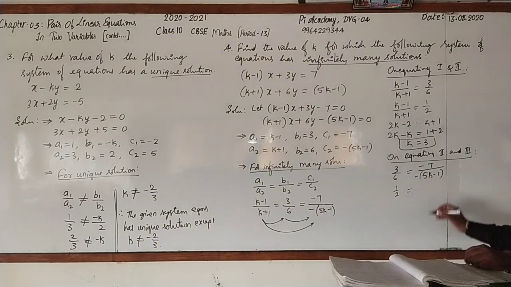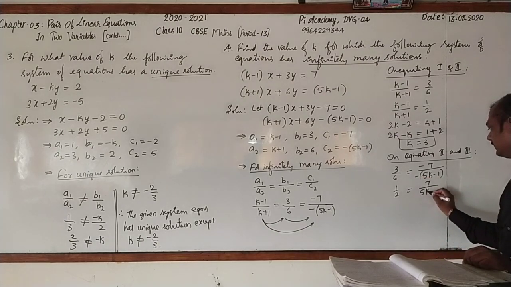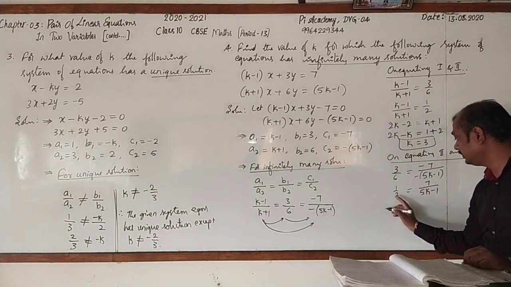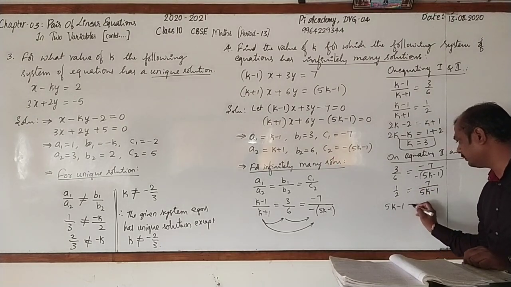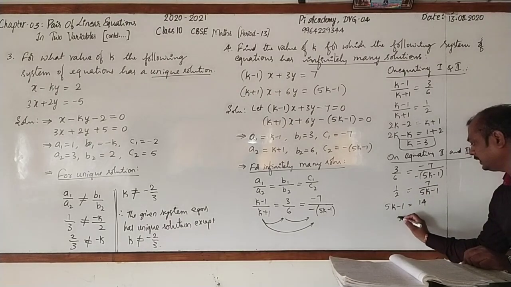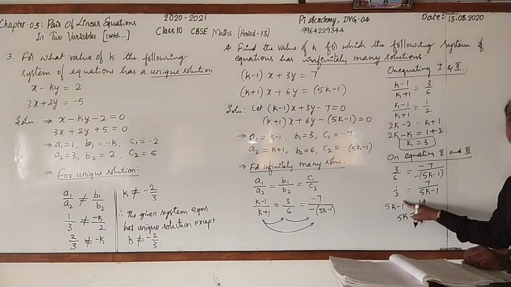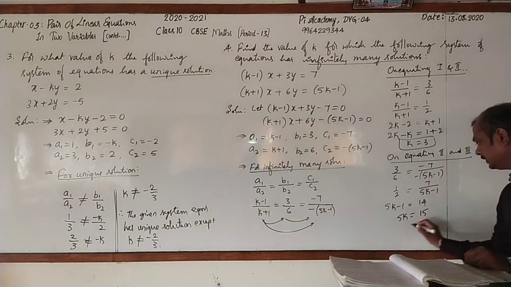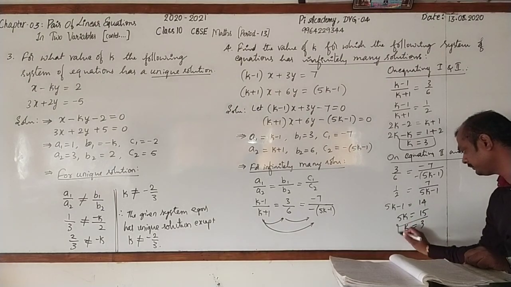Here minus minus get cancelled. 7 by 5k minus 1. Cross multiply. 5k minus 1 into 1 is 5k minus 1 which is equal to 2 sevens are 14. Then 5k is equal to 14. Transfer minus 1 to the right hand side, becomes plus 1. 14 plus 1, 15. It is k equal to 3.